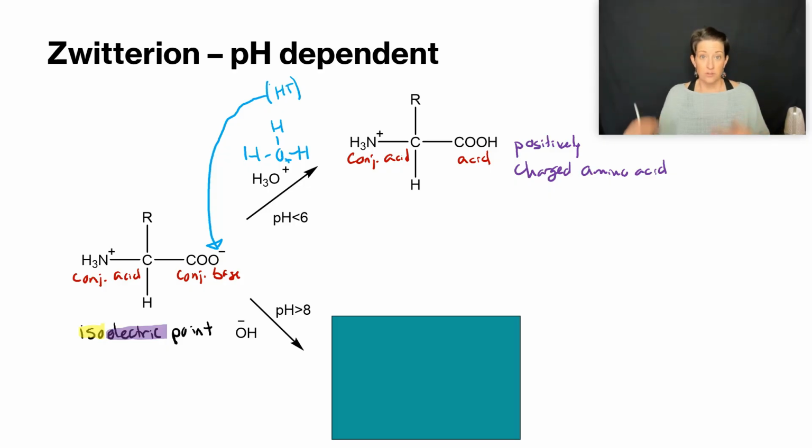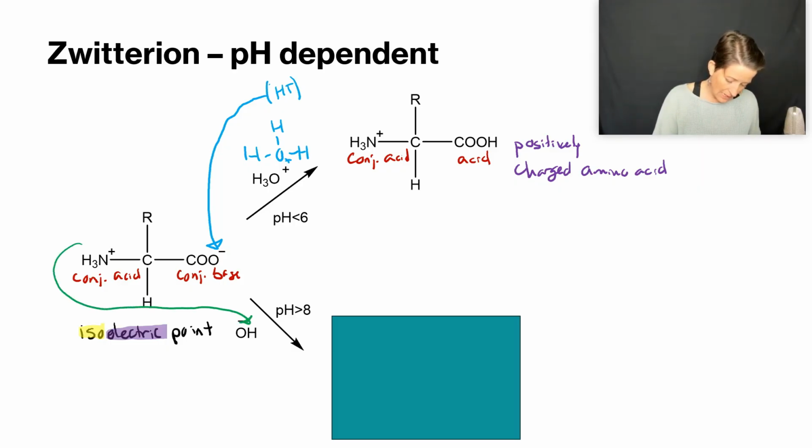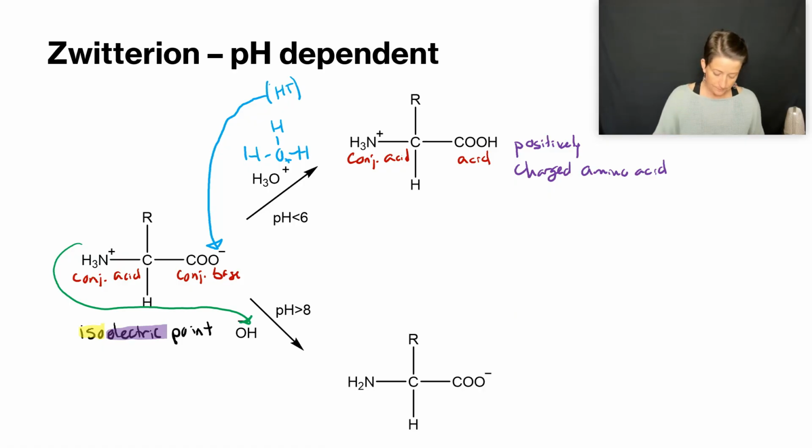In the other direction, if we have a base, what we really are looking for is a lone electron pair, or that hydroxide that's in that water. With that lone electron pair, this oxygen can accept a proton. It's going to react with the conjugate acid of this Zwitterion. So it's going to take one of those hydrogens, and that hydrogen is going to go to that hydroxide ion, making water, and that's going to form this other ionized amino acid.